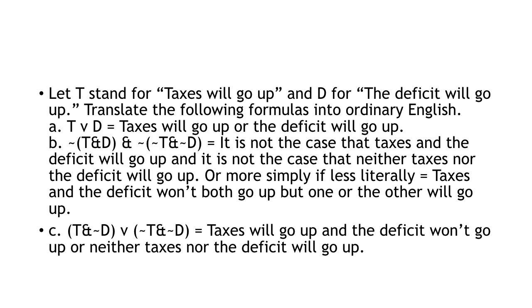This second statement we could simplify: we take that not, we distribute it, we turn the and into an or. Basically, the second statement is just saying taxes or the deficit will go up, right? So logically equivalent to the second one would be basically T or D, right? No one would ever talk in the roundabout way of this symbolization. Most normal people would say taxes and the deficit won't both go up, but one or the other will, right?